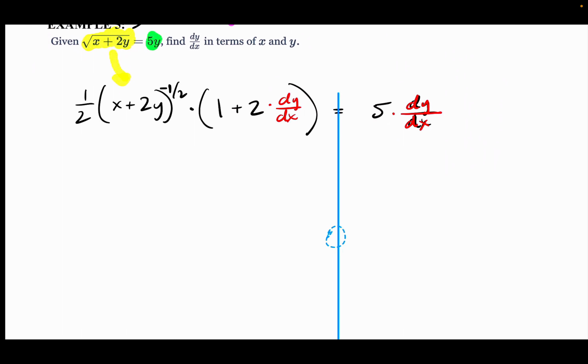Okay, so this is where it's going to get a little bit, not complicated, just a little dicey for right now. So distribute it there and distribute it there.